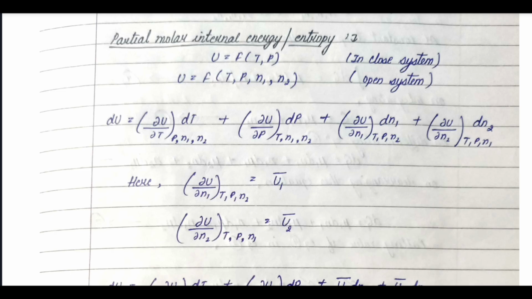Partial molar internal energy or entropy. U is a function of temperature and pressure in closed system, and U is a function of temperature, pressure, n1 and n2 in open system.